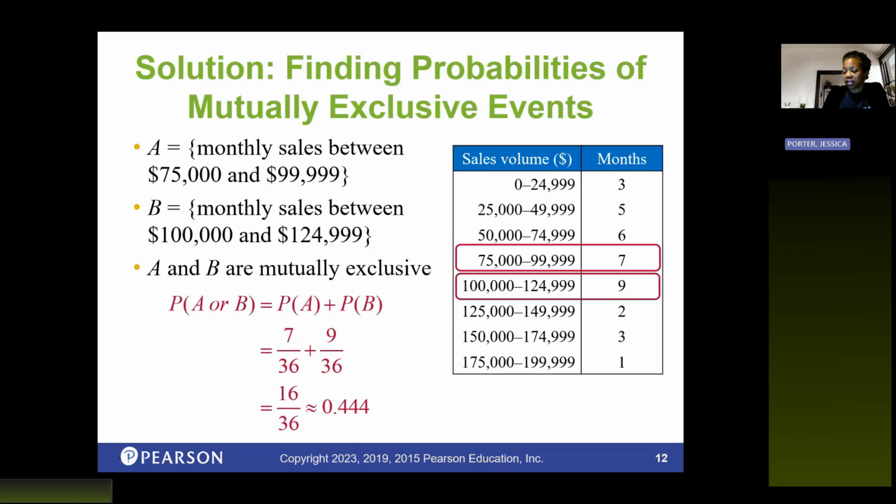Doesn't that look like 36 to me? 8 plus 6, 15, 16, 6. That's 36. All right. So we're just going to add them together because they're mutually exclusive.